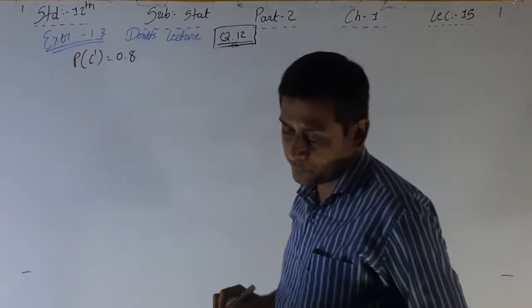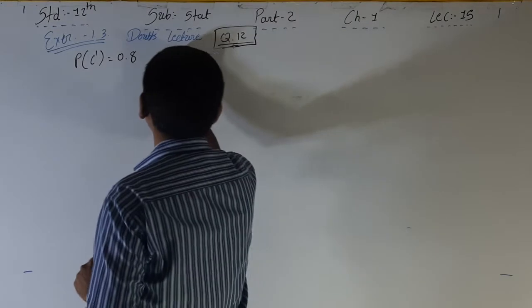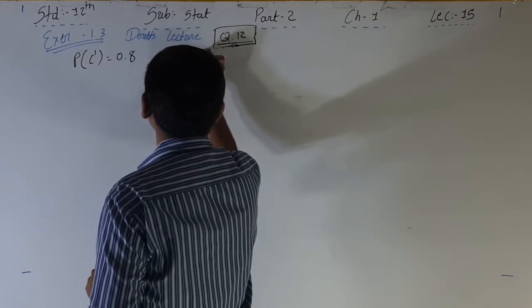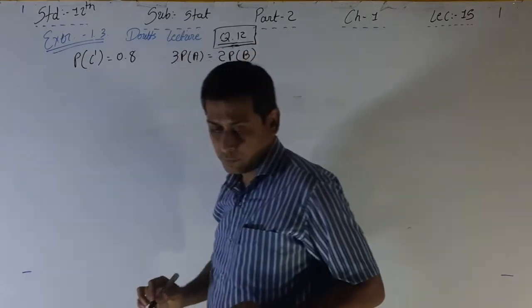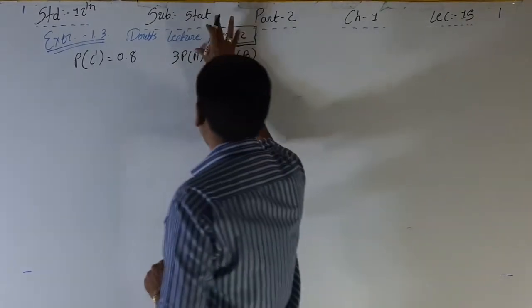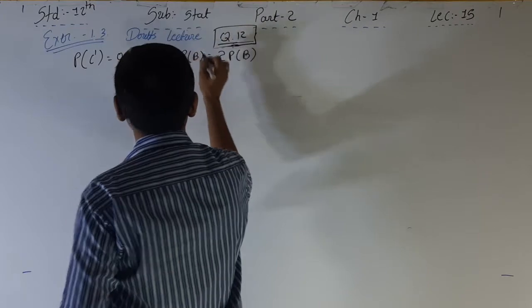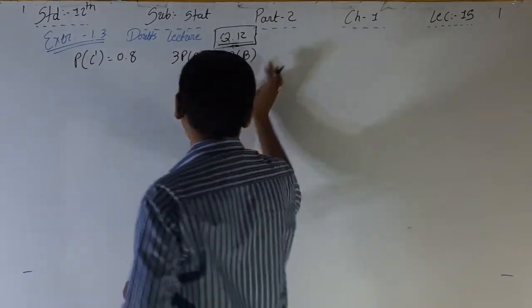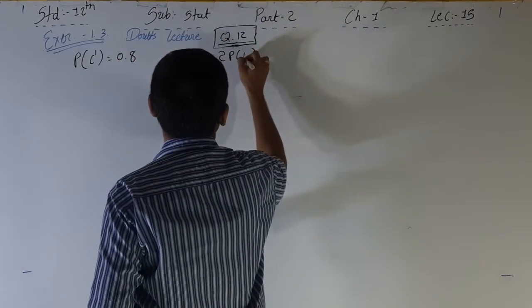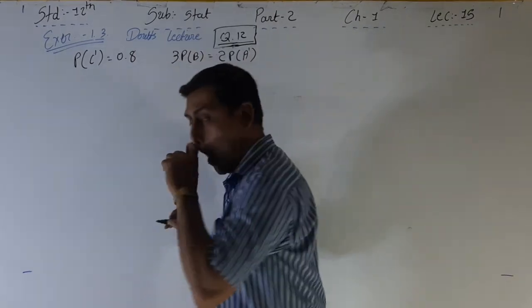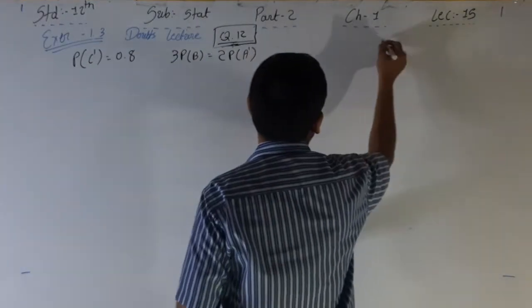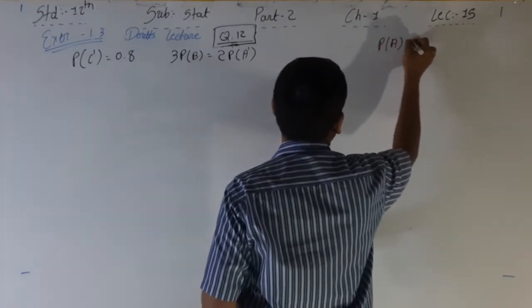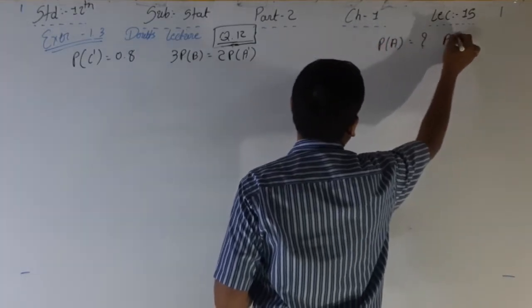Second, 3 P of B is equal to 2 P of A dash. Now we have to find P of A and P of B.